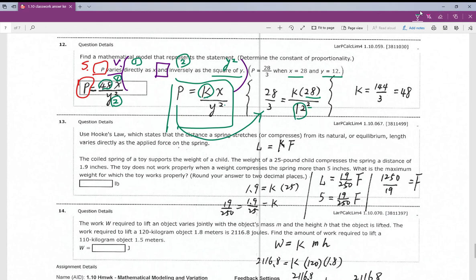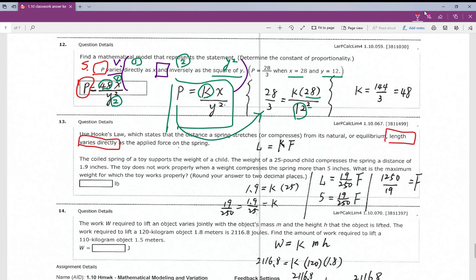Number 13. Please read the question first by yourself. The most important thing you have to pay attention to is varies directly.